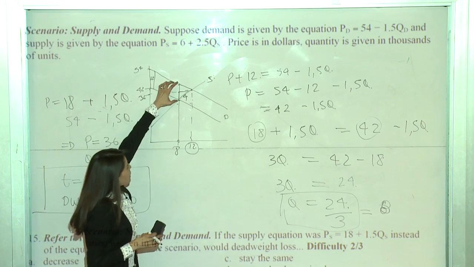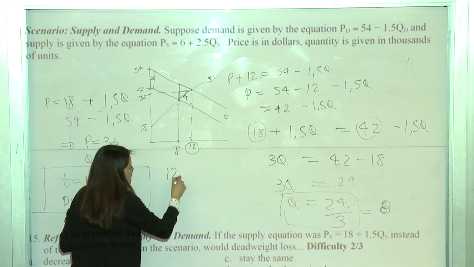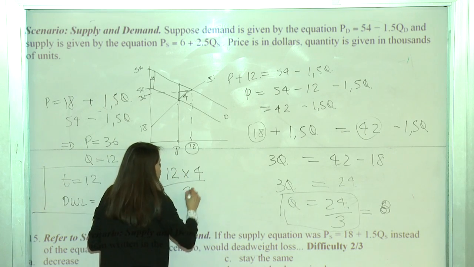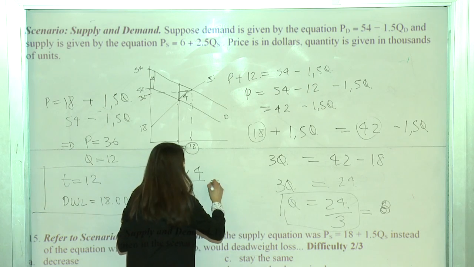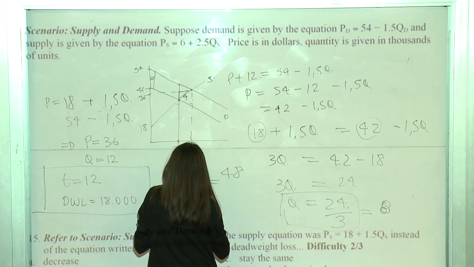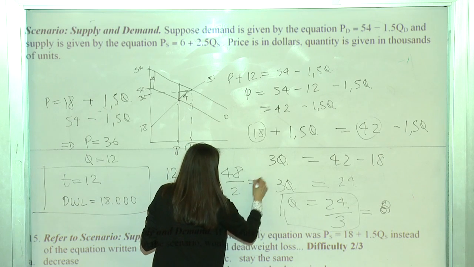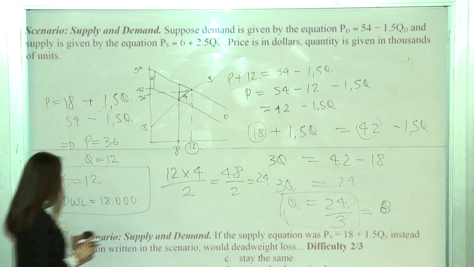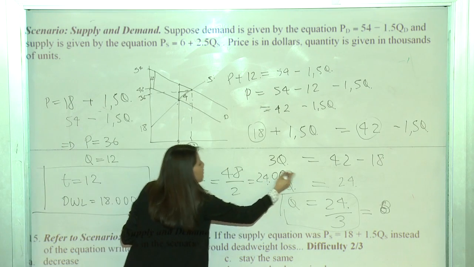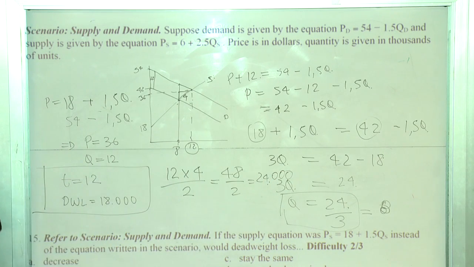So 12, which is the amount of the tax, times 4 divided by 2 is the new deadweight loss, okay? 12 times 4 is 48, divided by 2 is 24, right? So before it was 18,000, now it's 24,000, right? So this is a way to show algebraically that the deadweight loss increases, okay?